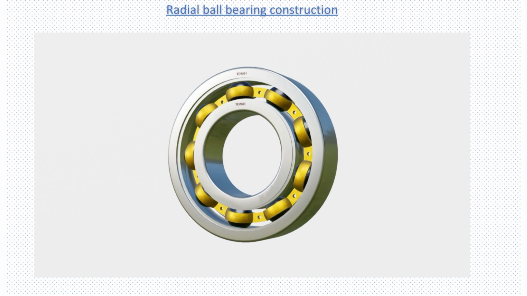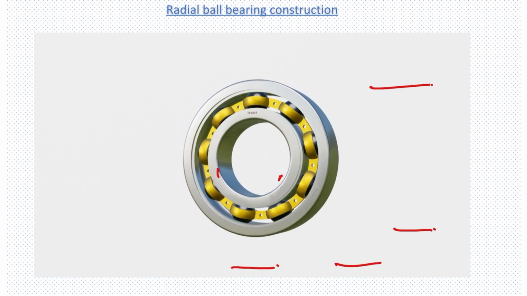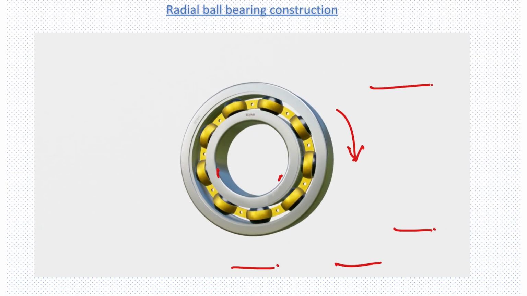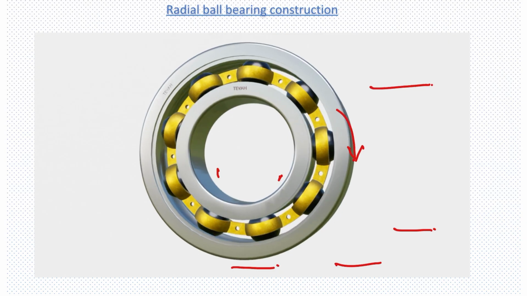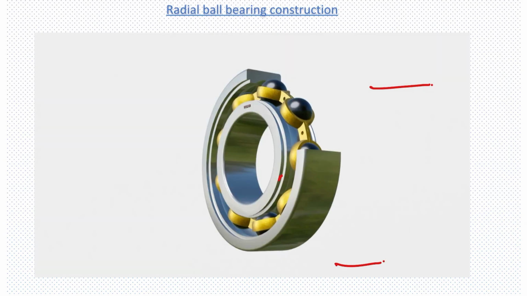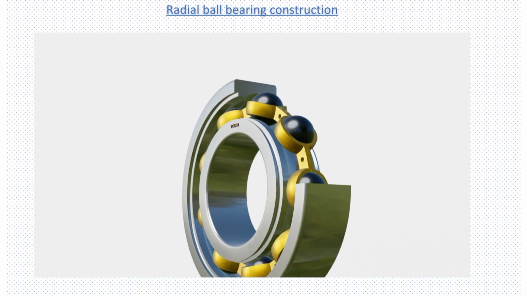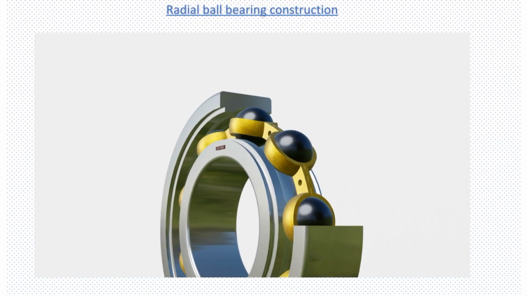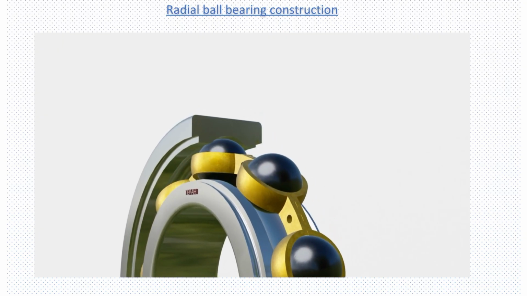And in the assembled condition, the balls roll over the track or the runway so that the outer race is able to achieve a very smooth rotation. So rolling of the ball is the main function to achieve smooth rotation.